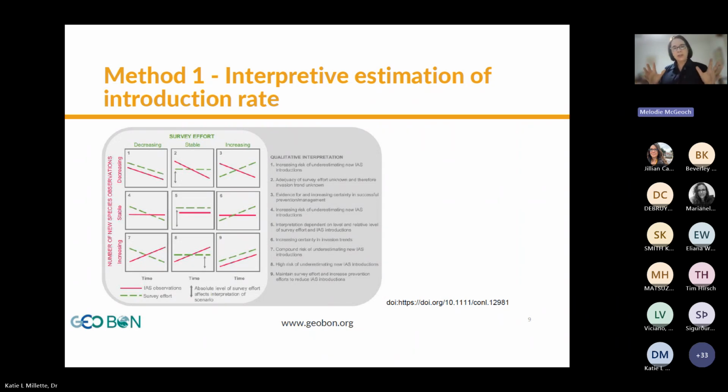So any particular country could take information on the number of observed new introductions or establishments over time, alongside information on survey effort, and by looking at how the trends in these two things change over time, make some interpretive conclusions about the state of likely introduction rates in a country. Next slide.